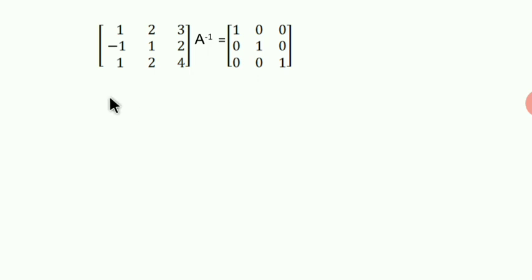So here I put the values of A and I. We get this relation. Now reduce this to the identity matrix.